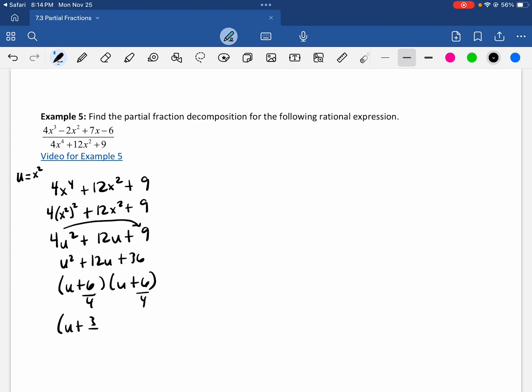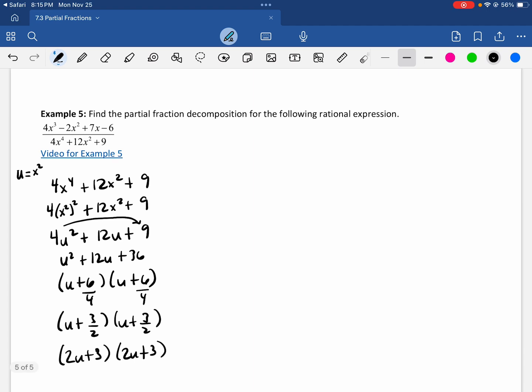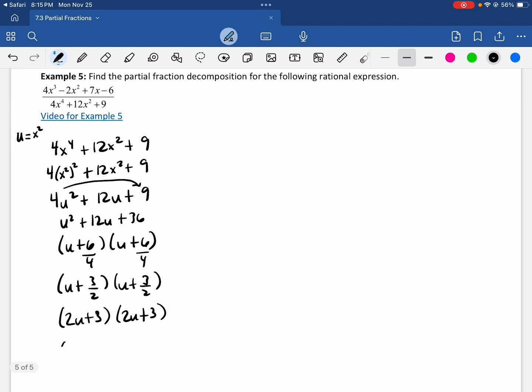Reduce those, they become 3/2. And then do bottoms up. And then we can't forget that ultimately u was equal to x squared. So this would be 2x squared plus 3 times 2x squared plus 3. So our LCD is 2x squared plus 3 squared.